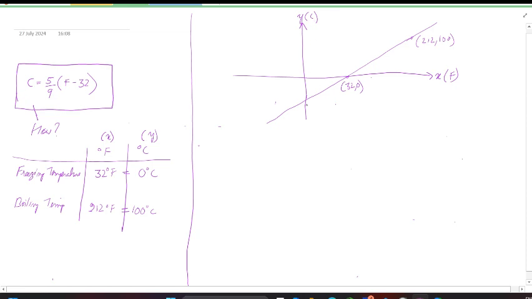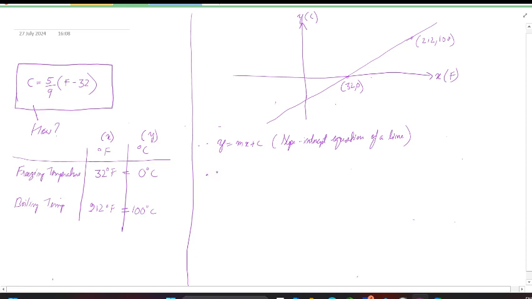So now we are going to write an equation for the straight line. There are more than one ways to do this. One that you might be familiar with is y equal to mx plus c, which is the slope intercept equation of a line, which we are not going to use here.